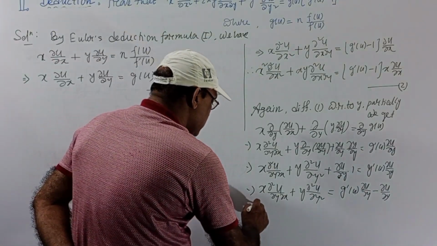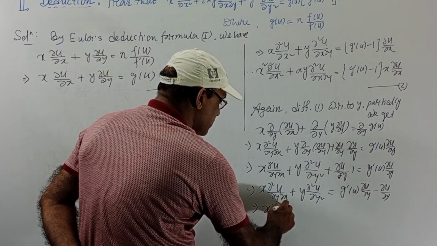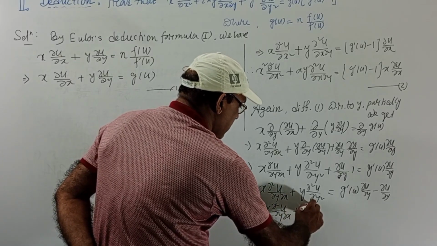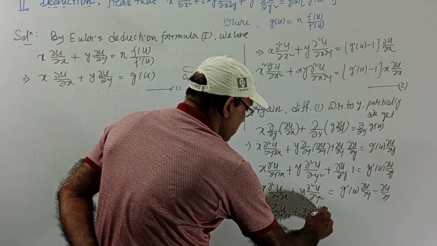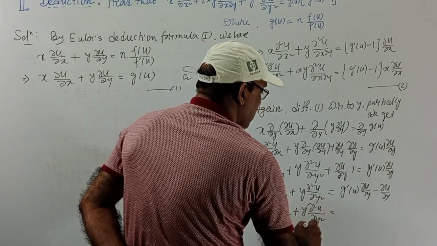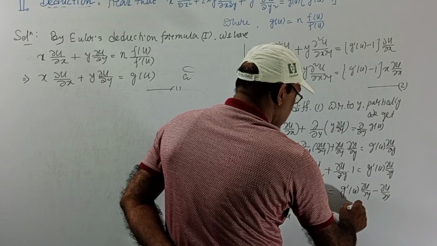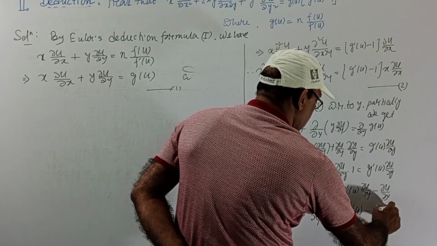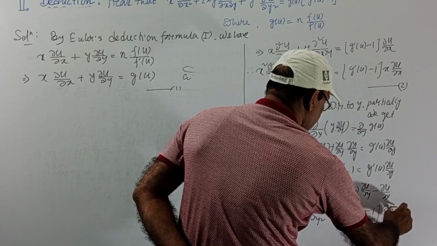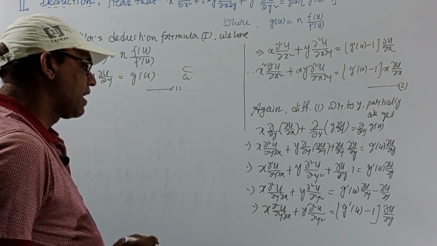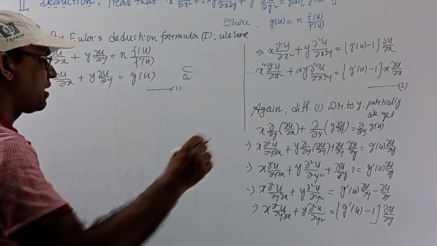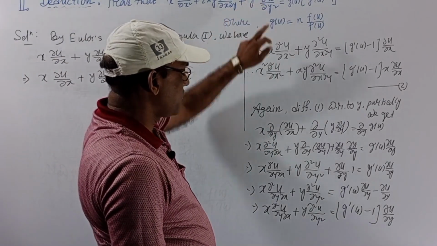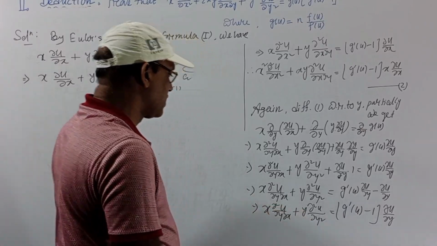Now taking del u by del y common, we get del u by del y. We get this, and multiplying both sides by y, because in our solution we have y square also. If we multiply by y, then you get y square.